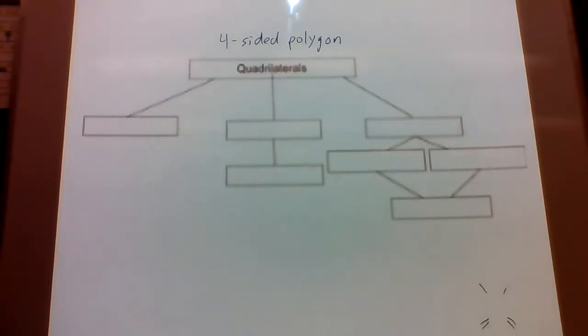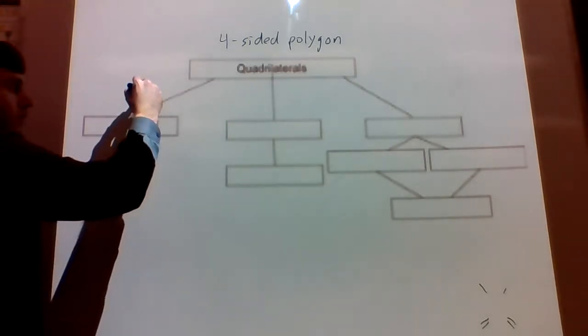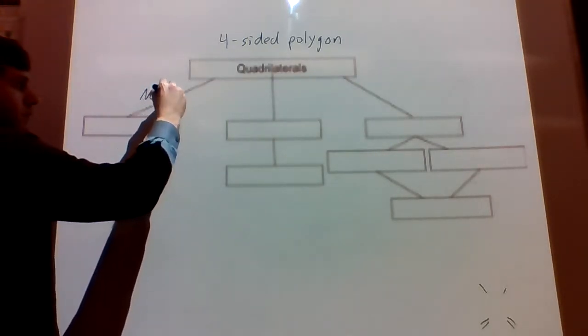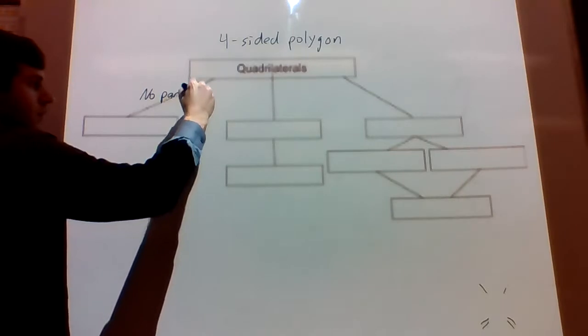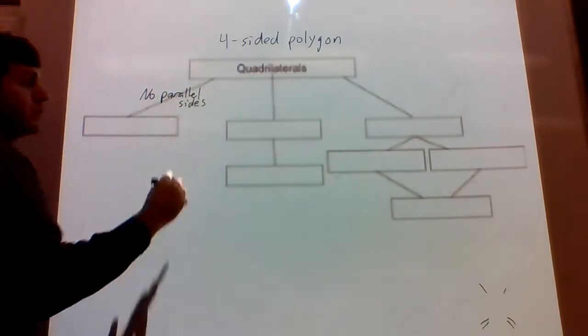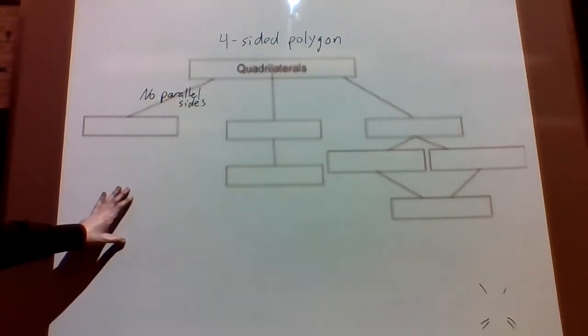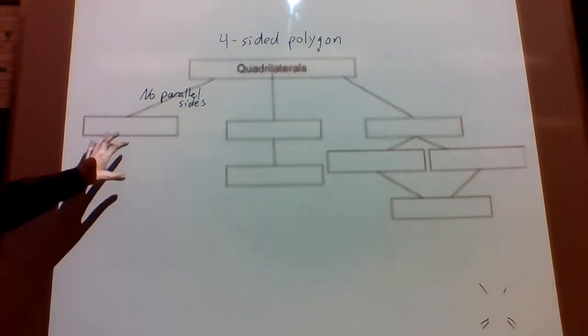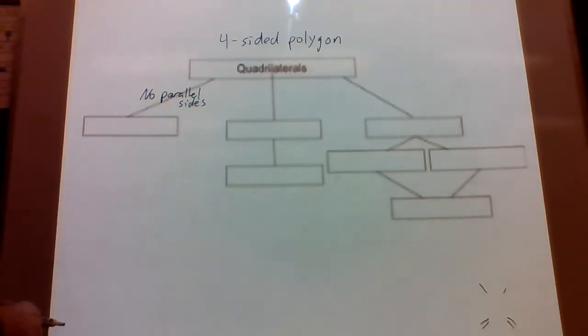We can classify them based on how many pairs of parallel sides they have. If we have no parallel sides, there's many different types of quadrilaterals that have no pairs of parallel sides, but the only one we talked about were kites.